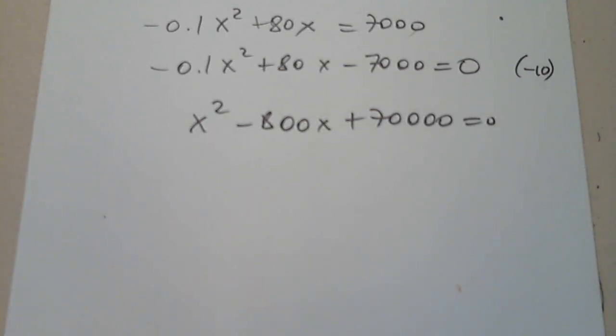What I'm going to do next, in a test situation, is go to the graphing calculator, go to apps, and go to 9. I'm going to select and graph 1, negative 800, and 70,000.